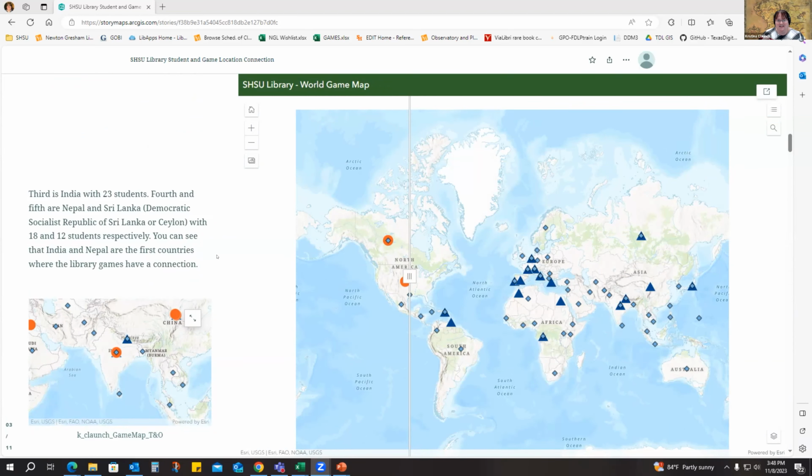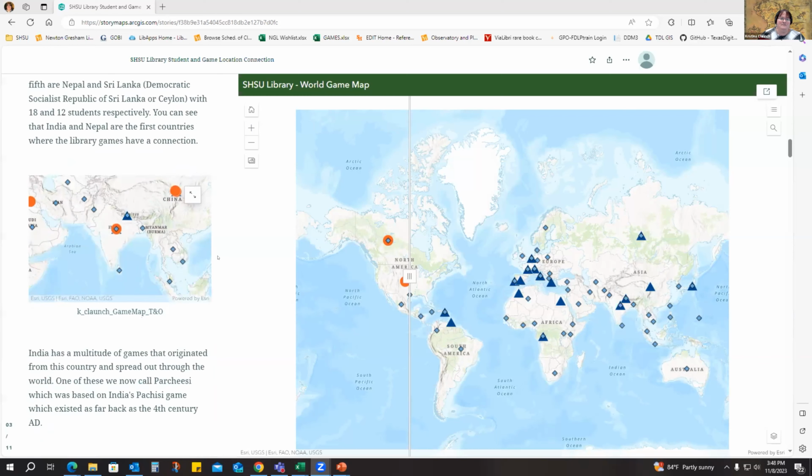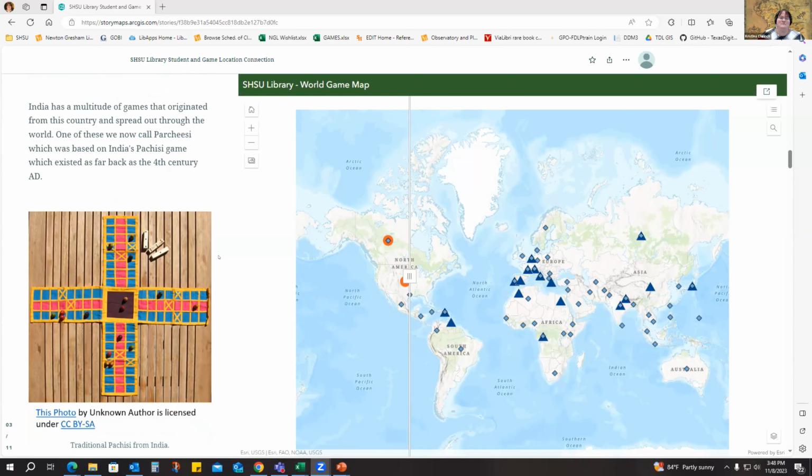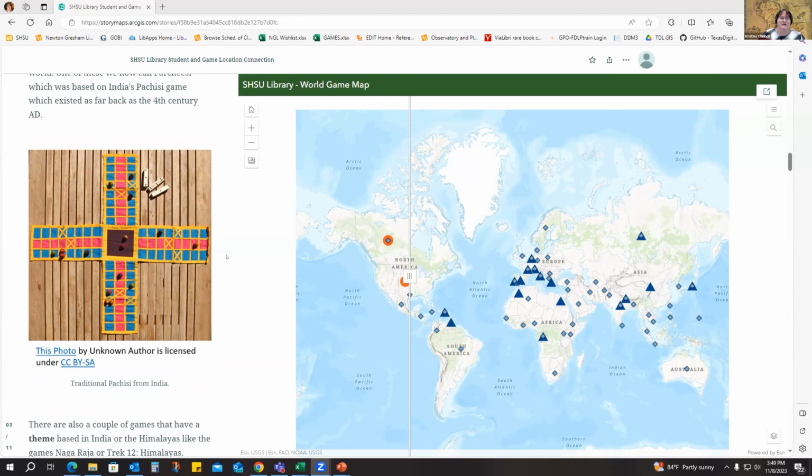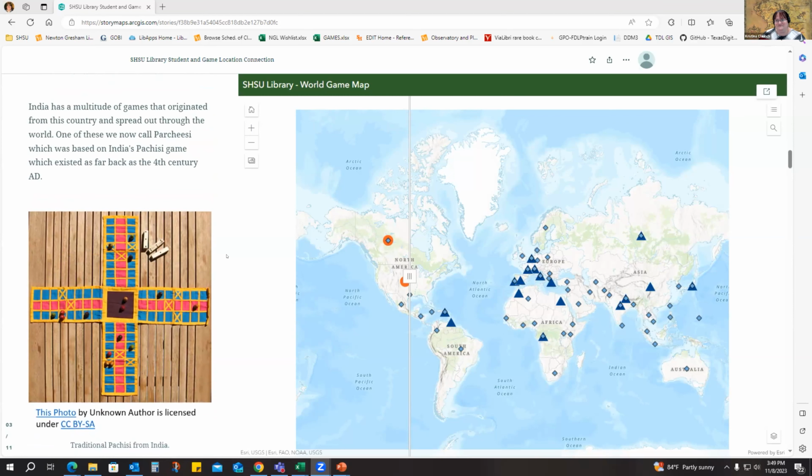Some of the games that we find there, especially the one that I'm about to reference, is one that is mentioned for Nigeria, but it just didn't originate there, but it does connect with them. And that one is Pachisi, which is what it's called in India, and we know it as Parcheesi here.